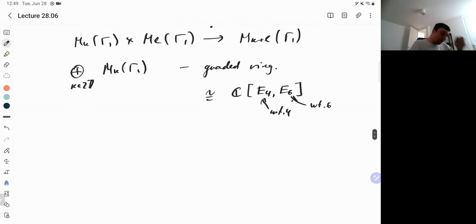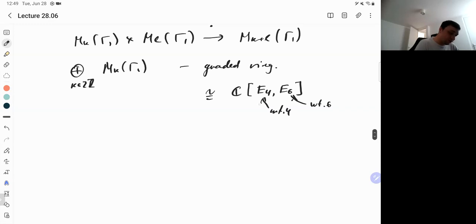So for Gamma 1, there's a very simple structure for all modular forms. Whenever you have a modular form of some weight, it can be written as a polynomial in certain two special modular forms.